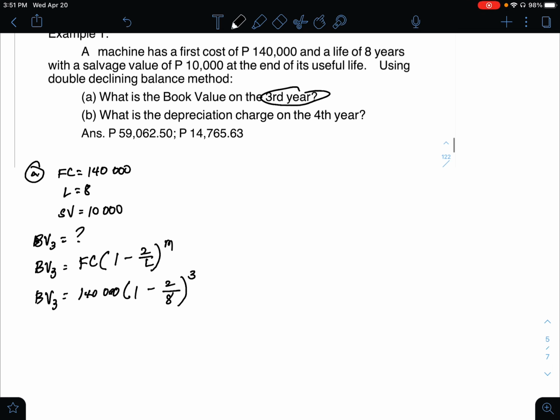Book value at 3 years, so that's 3. So BV3 is 140,000 times 1 minus 1/4, that's 2 over 8, raised to the power of 3. So, sorry, this is 59,062.5.